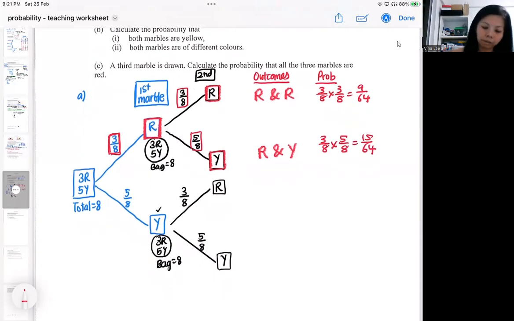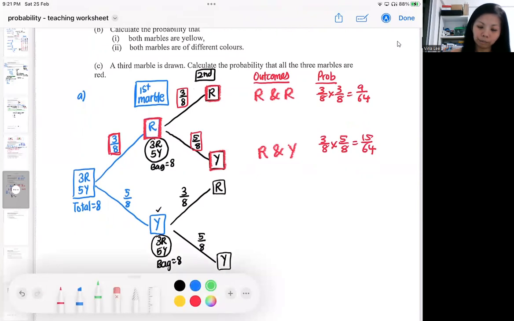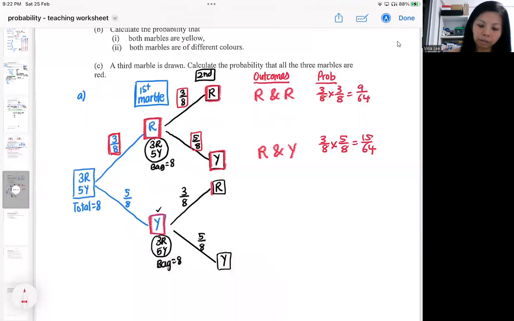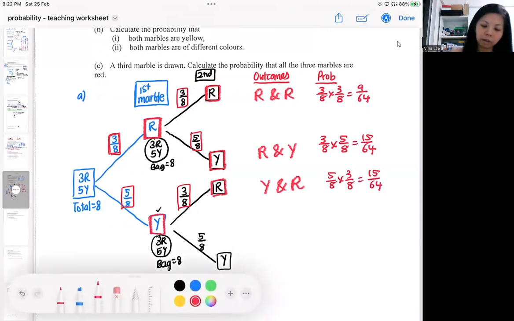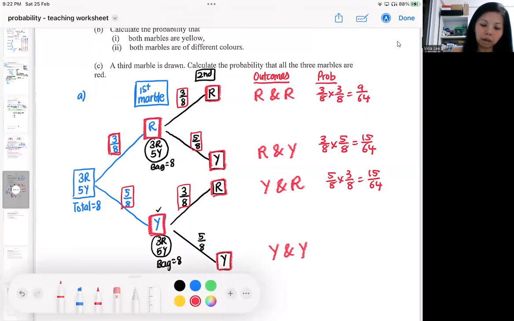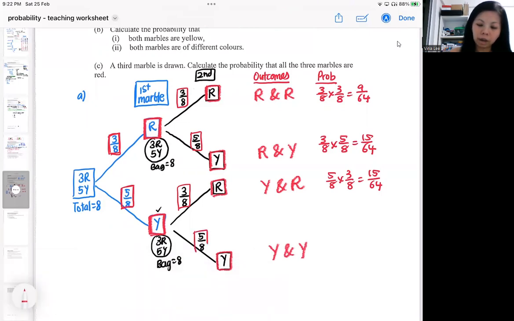Or it could be a yellow and red, and the probability will be the yellow probability and the red probability. Lastly, it could be a yellow with a yellow, and the probability will be 5/8 times 5/8.